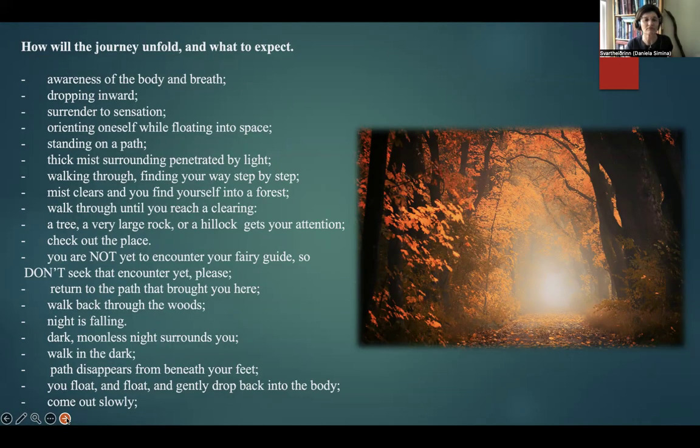And now you're turning around and you return to the path that brought you here, walking back through the woods. Light is dimming. Night is falling. And soon, a dark, moonless night surrounds you.